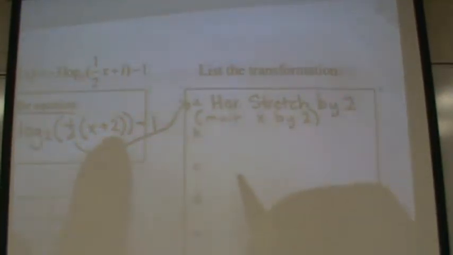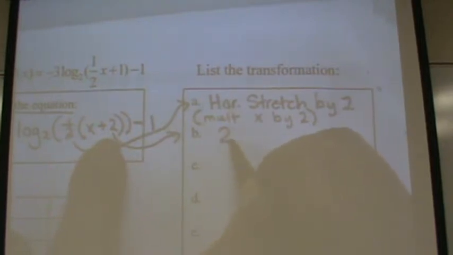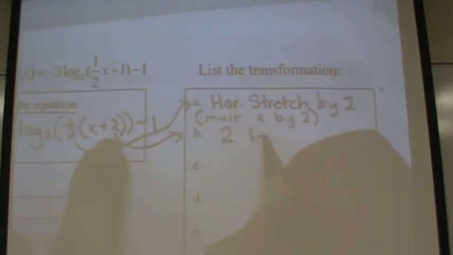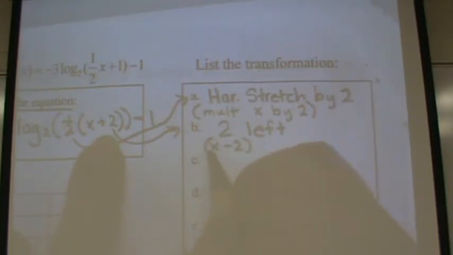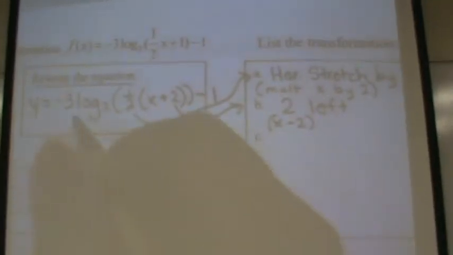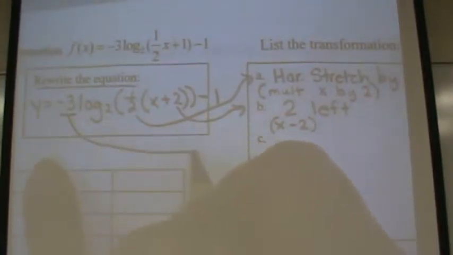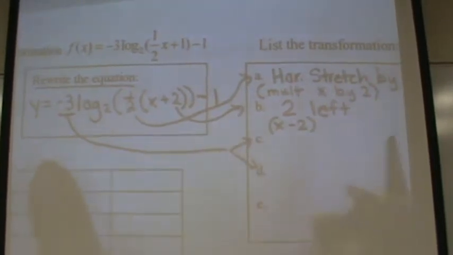Next step, what's the next thing you're going to do? That's B. 2 units to the left. Now how do you do that transformation? You're going to take your x values and subtract 2. The third, this is C and D, -3.